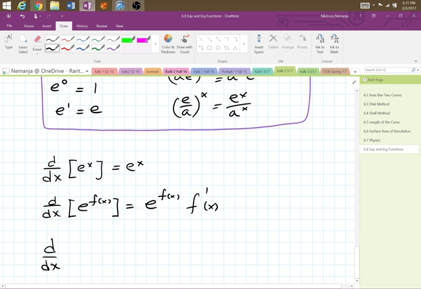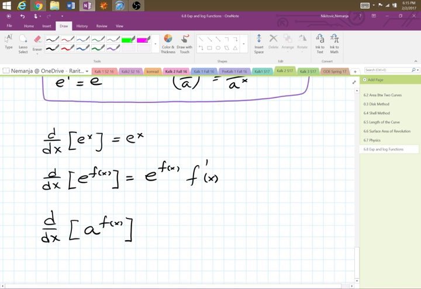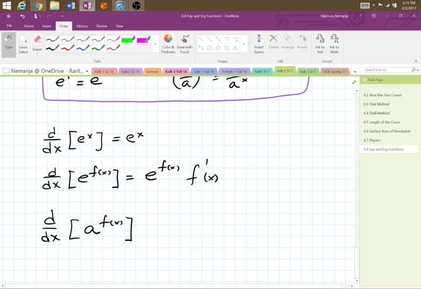But then, this one, a, not 9, a, stands for any base. You know how on the keyboard you have any key? That a stands for any base. What would that be? Times ln a, nice.